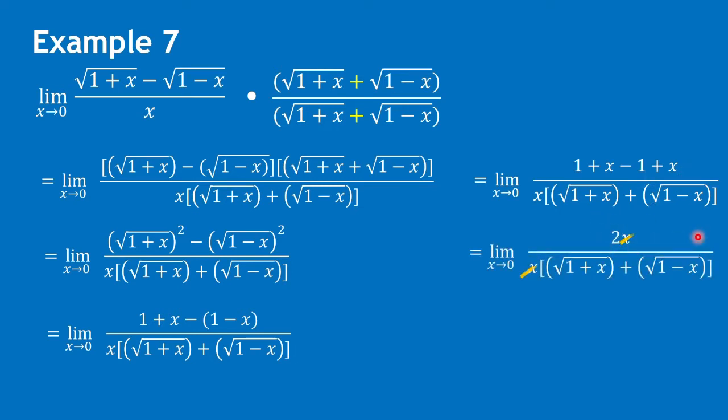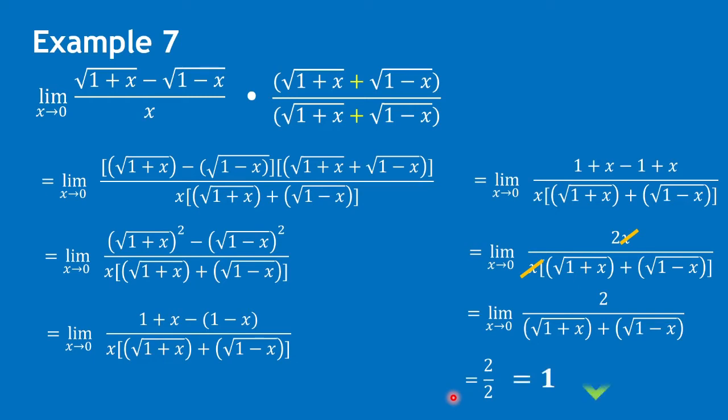And then we can cancel x, giving us 2 over the square root of 1 plus x plus the square root of 1 minus x. Substituting 0 to the given function, we can have the square root of 1 plus the square root of 1, and that would be 2 for the denominator. So simplifying, you have 2 over 2, and that is 1.